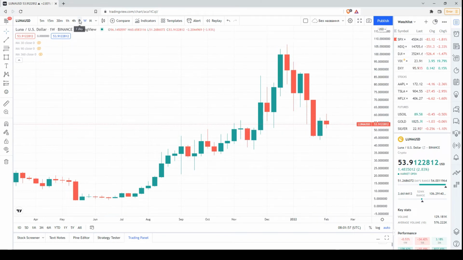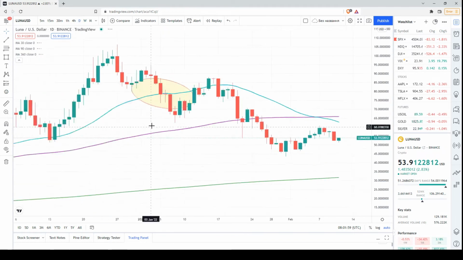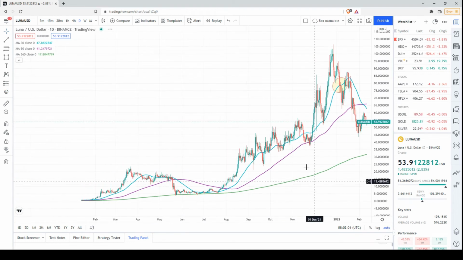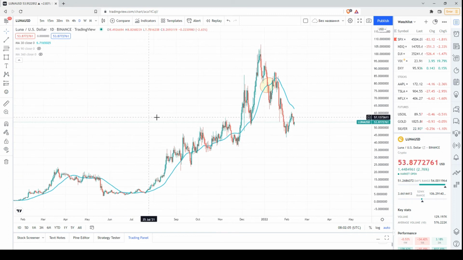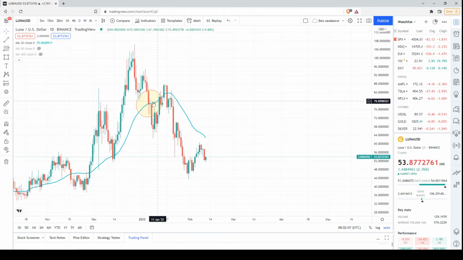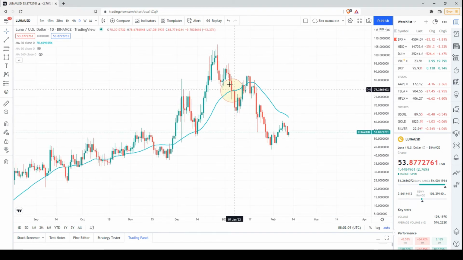Now let's have a look at the daily chart. Here we have three moving averages. Let me start with the 30-day moving average. The price has dropped below the 1-month moving average since the beginning of January. Since then, the price has been below it, so it is a small bearish signal that in the short term the bears continue to control the market.